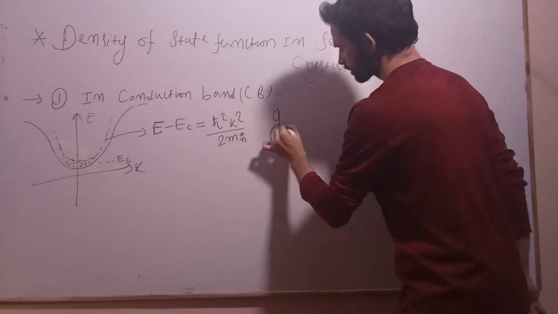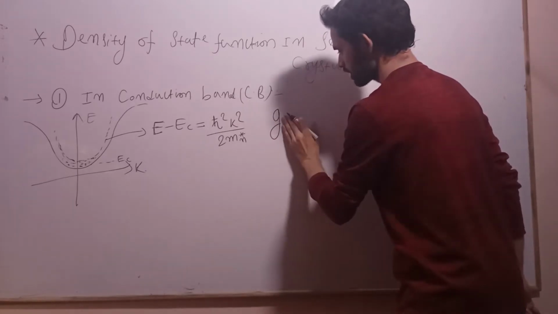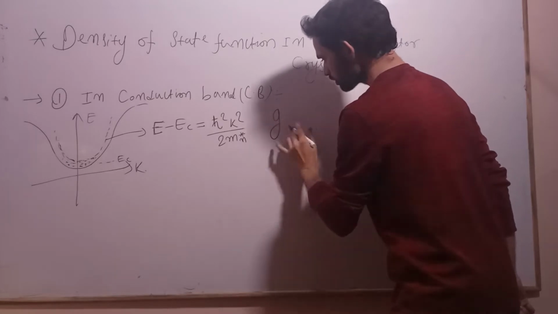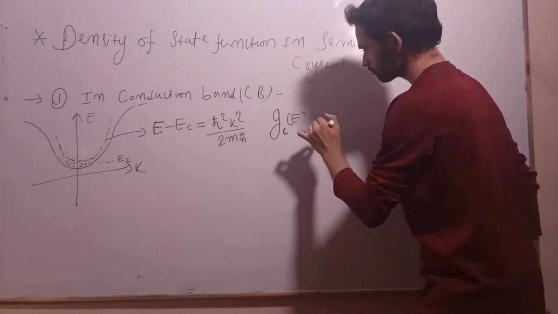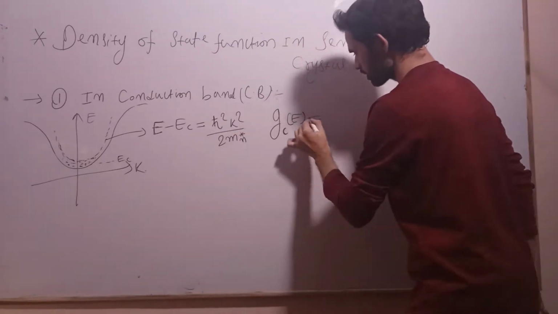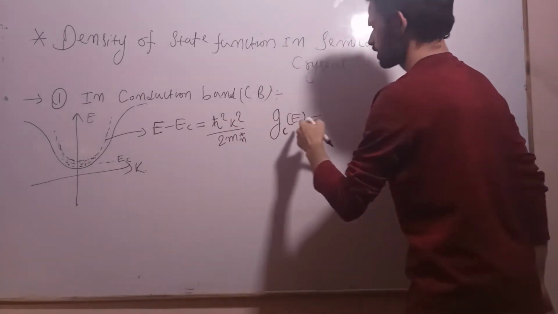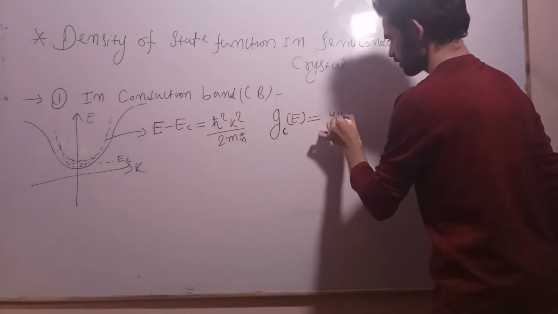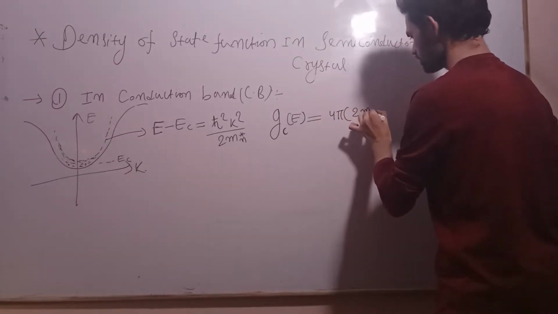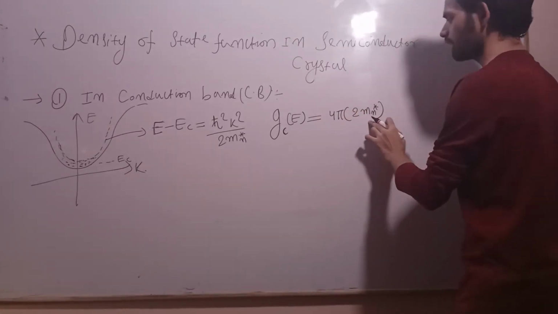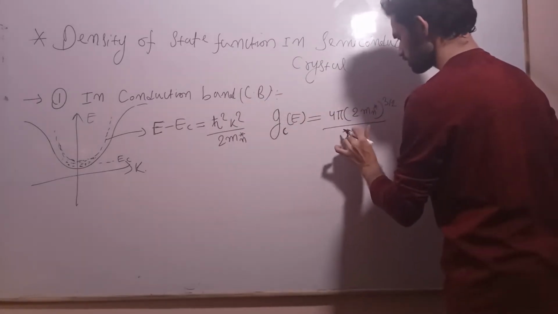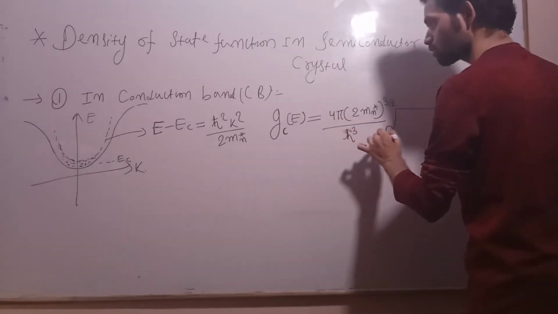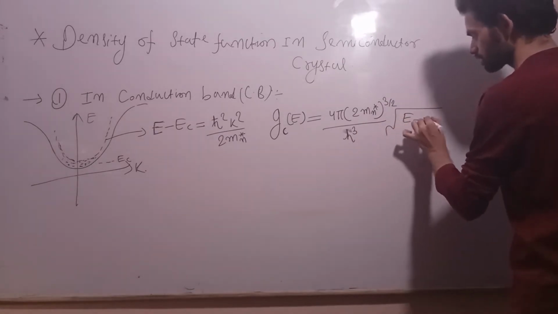Similarly, the density of allowed quantum states in the conduction band is equal to 4 pi times (2 mn star) to the power 3 by 2, divided by h cube, not h cut, into the square root of E minus Ec.